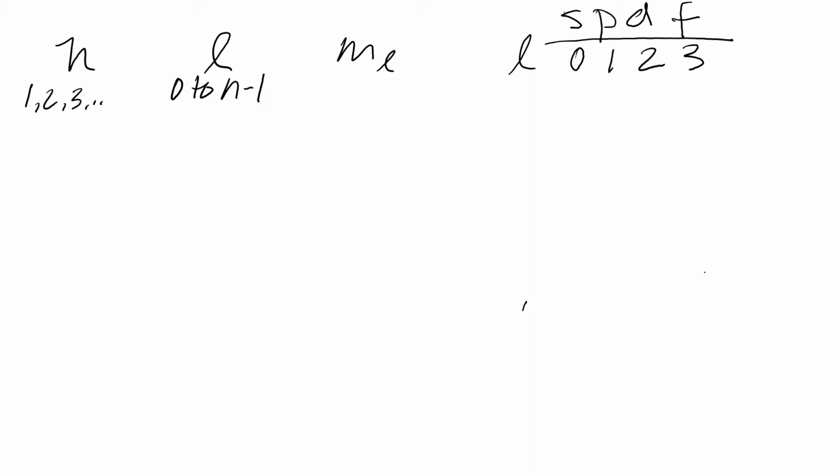We can determine the number of orbitals and their orientations by multiplying 2 times l plus 1.